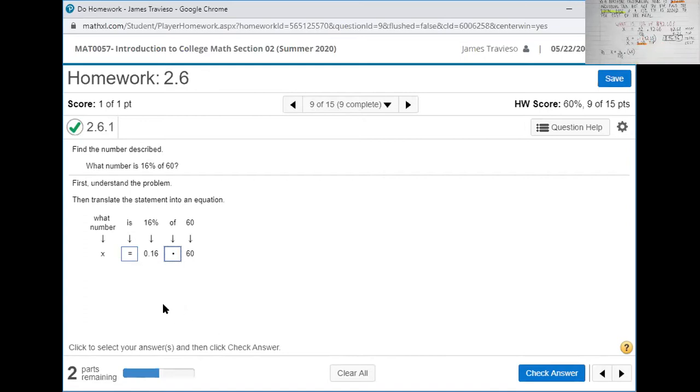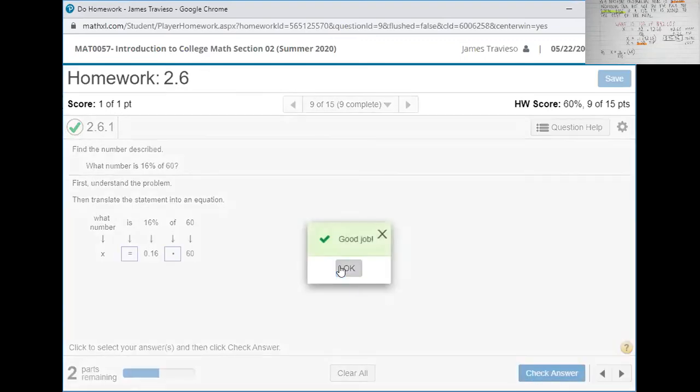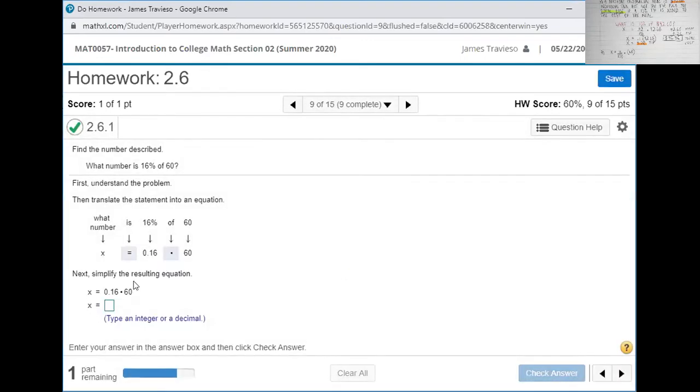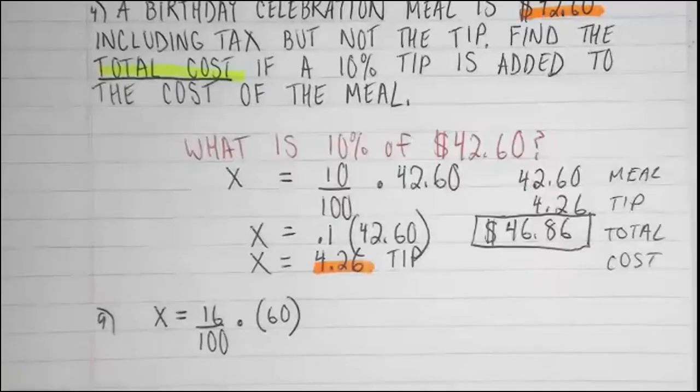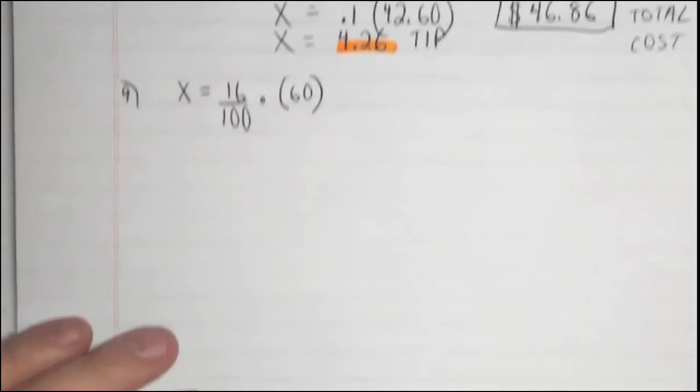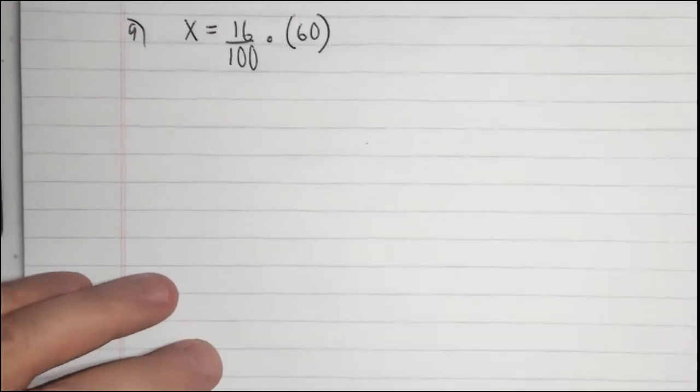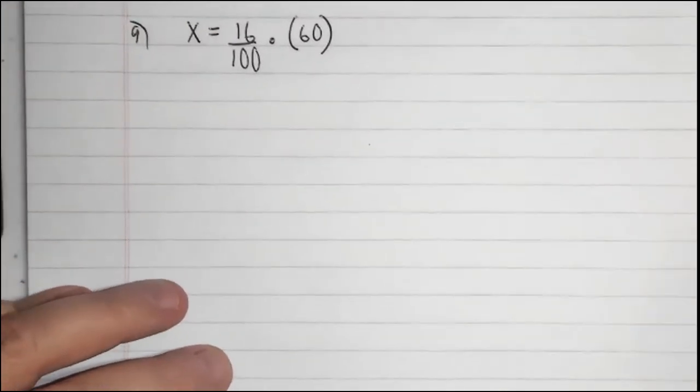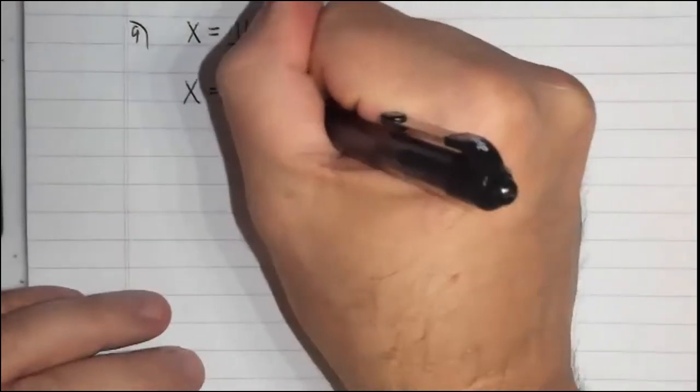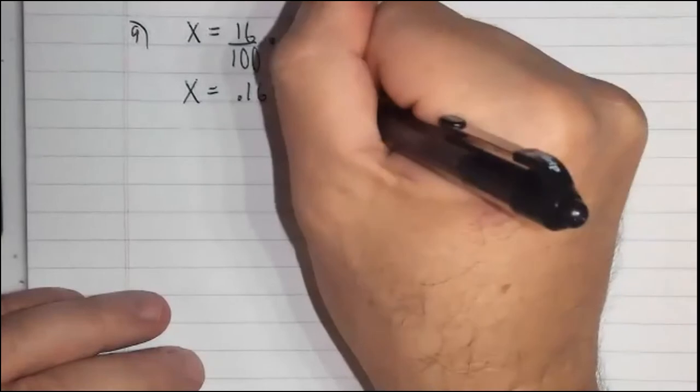So this is what you want to do for the first part. When I see the word "is," I use the equal sign. When I see the word "of," I use the multiplication sign. And then the last part is it wants you to solve it. Once I convert the problem to this form, I do 16 divided by 100, I get 0.16.